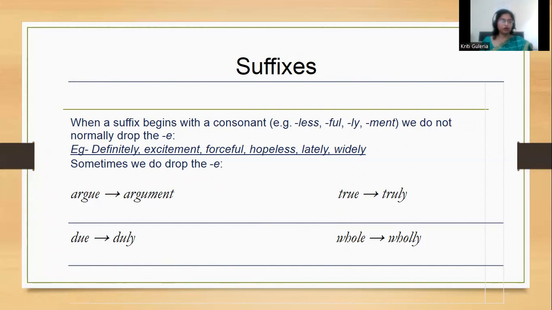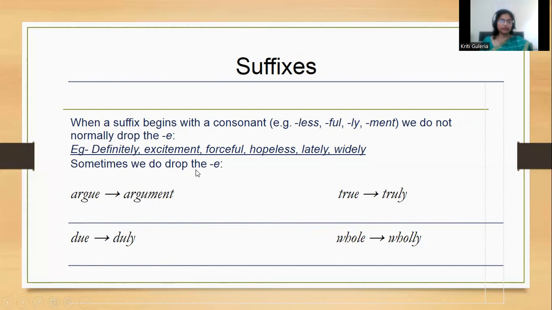We are not dropping the E, but we are just adding the suffix to it. Now, the suffix will vary depending upon the word. So if it is argue, by adding ment, it will become argument. Due will become duly. True will become truly. And whole will become wholly.